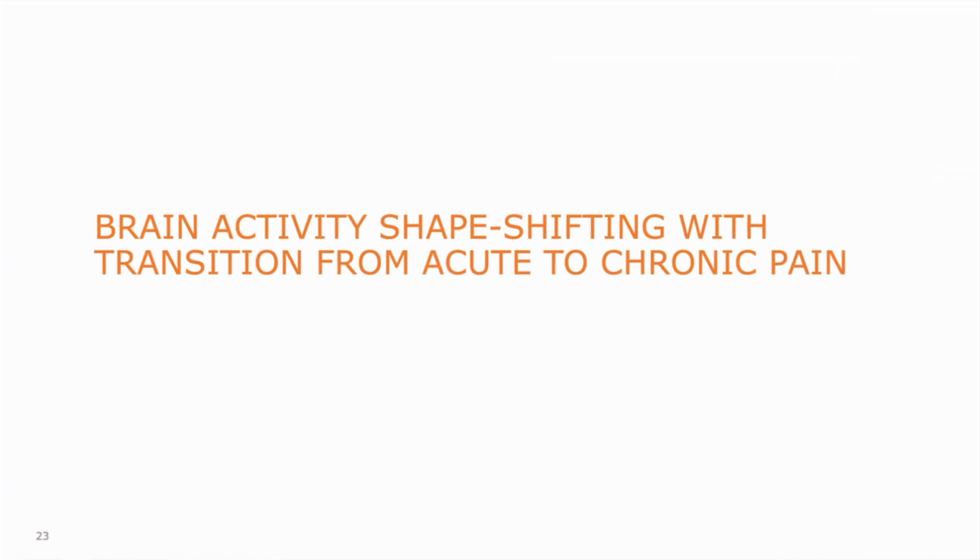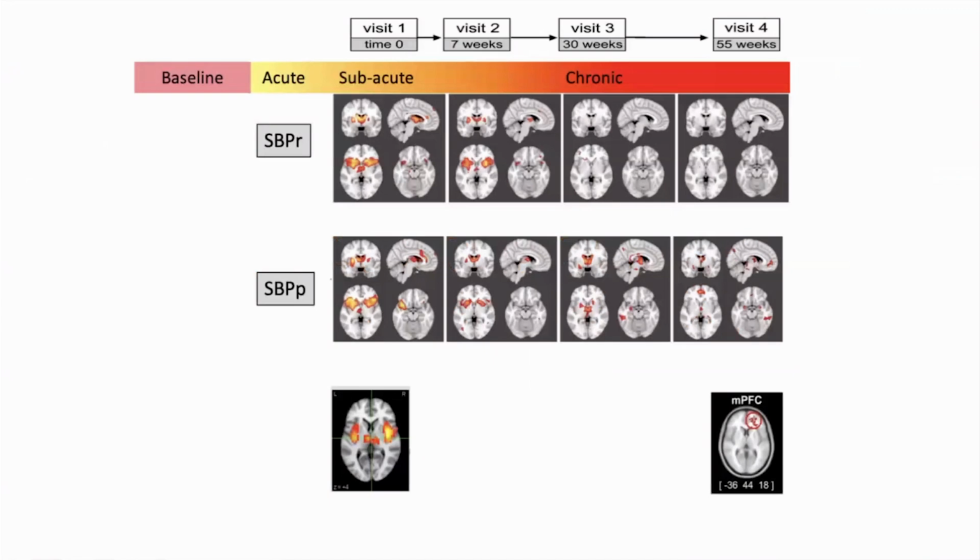Okay, before I get there, actually, let me just show you how the brain activity, in fact, is changing over time within these two groups. This is a paper that we titled Brain Activity as Shape-Shifting with the Transition from Acute to Chronic Pain, in that the brain regions literally are changing in location in the subjects who become chronic pain patients versus the ones who are not. And this is a summary of that data.